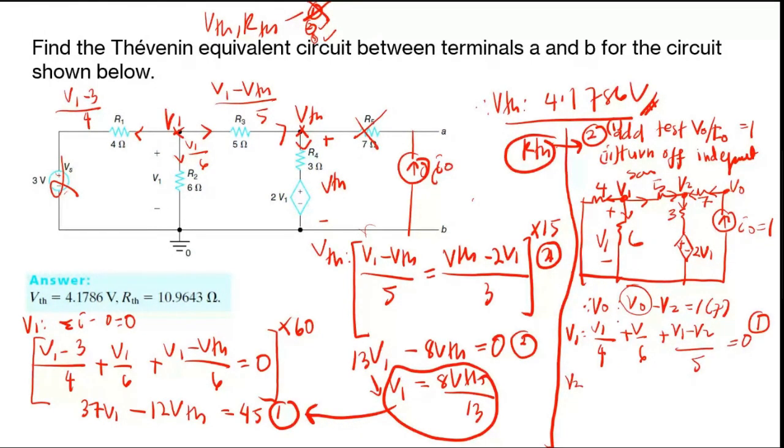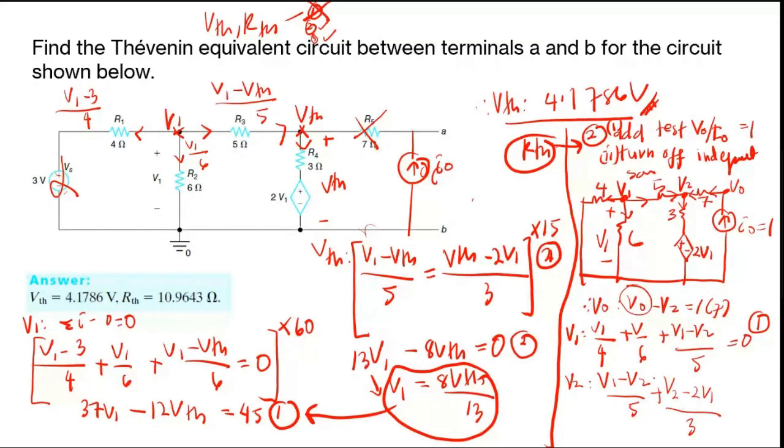And then at node V2 here, you will have V1 minus V2 over 5 plus V2 minus 2V1 over 3, and then plus the current I node here, which is entering.